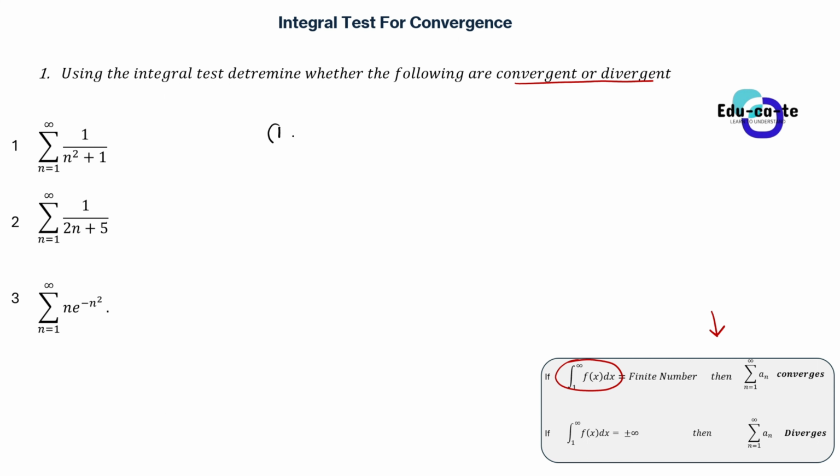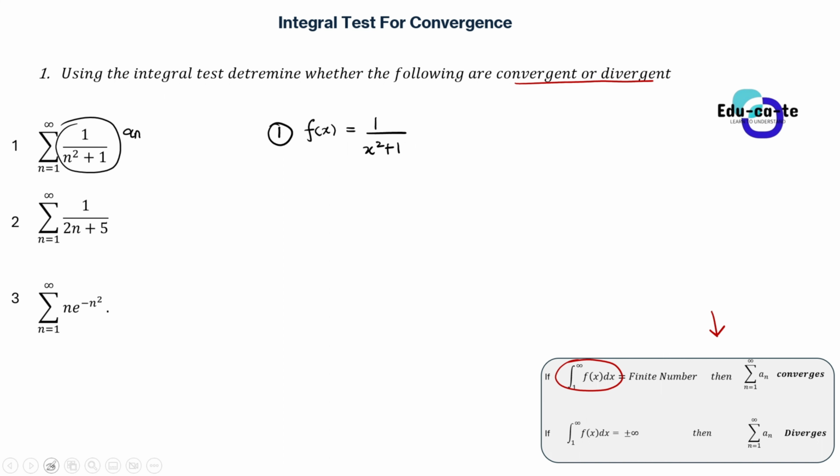So to solve number 1, we are going to let this function, 1 over n squared plus 1, be the pattern a sub n. We are going to replace n with x such that we'll have f of x equals 1 over x squared plus 1. So basically, where there is n, you put x so that you can make this a function that can be represented geometrically.